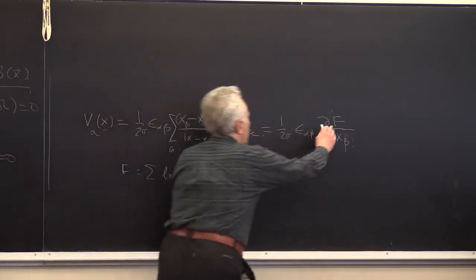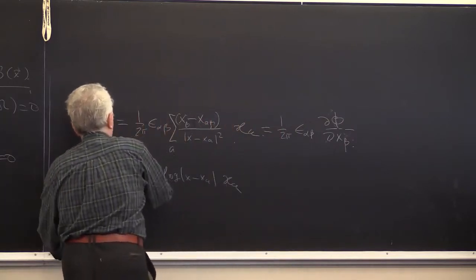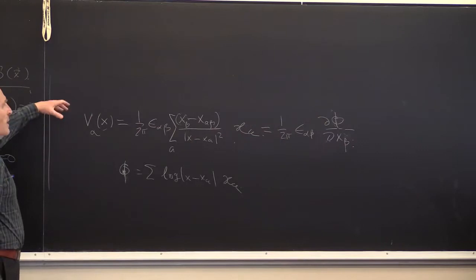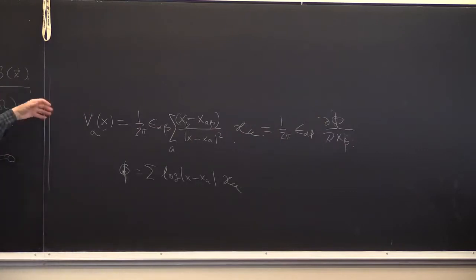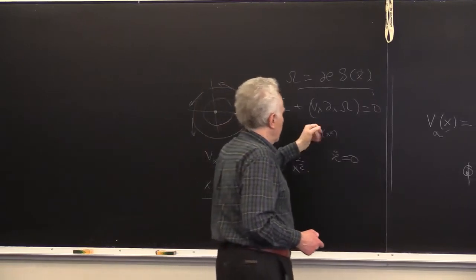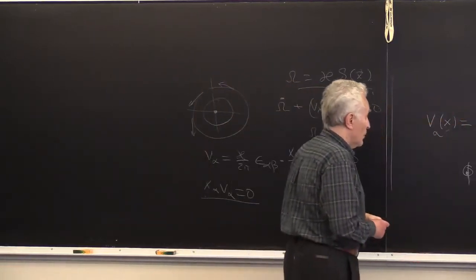Or shall I call it? I think I call it phi. This is not an equation yet. This is just the statement that the velocity field is given by this formula.